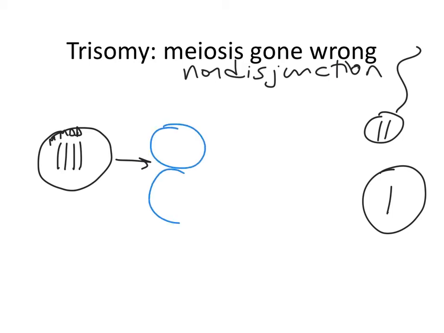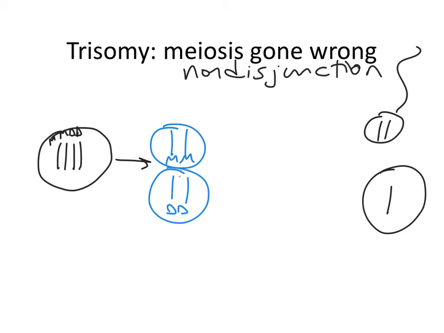So what does this look like after the first division, if the first division goes normally? 2 chromosomes from mom in one of the daughter cells and the 2 from dad in the other. Okay. So what happens if you don't do division 2 properly? What could be improper about division 2?